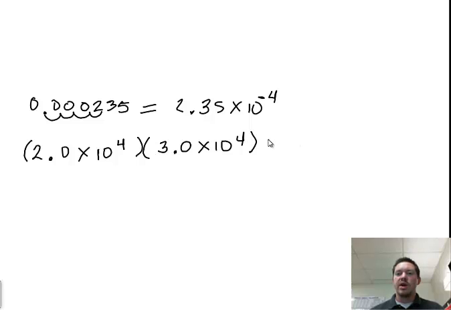You're going to look at your sign, it's multiplication, so you're going to multiply our two bigger numbers. 2 times 3 is 6. 6.0. I put times 10 in here still, but since this is a multiplication, I'm going to add those exponents. So 4 plus 4 gives me 8. So 2.0 times 10 to the 4th times 3.0 times 10 to the 4th equals 6.0 times 10 to the 8th.